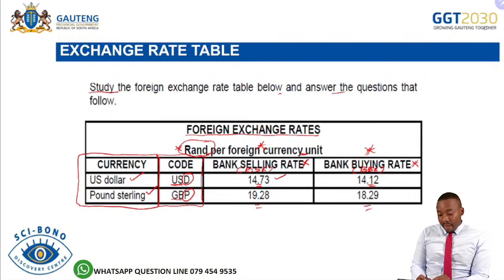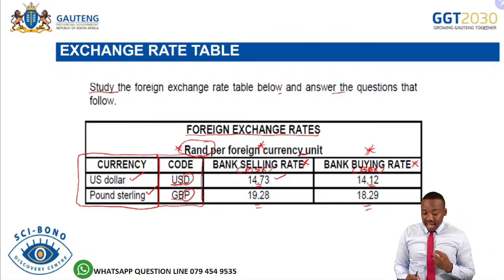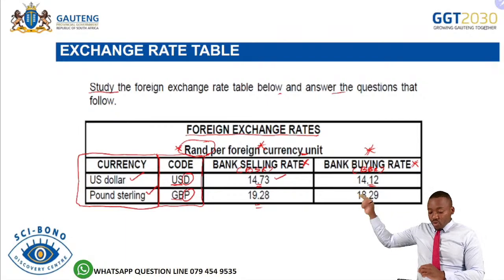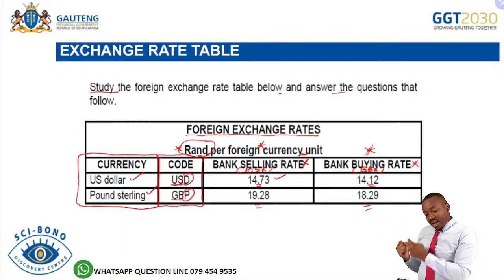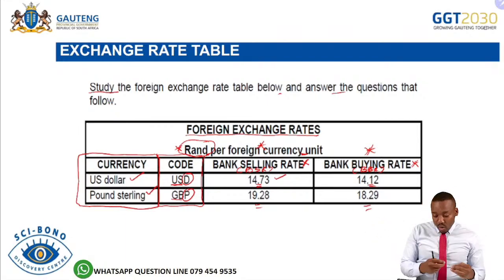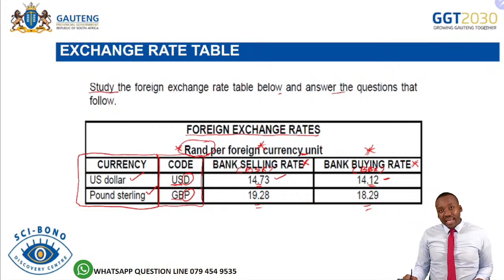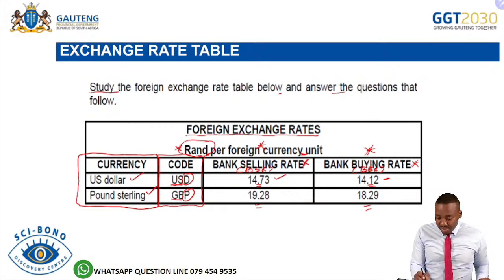This is now, remember, when you want what? Foreign currency. Then the bank will charge you using what? Bank selling rate. So they are selling each dollar with how much? With 14 Rand 73. Then when you come back from US with their dollars, now you want our local currency, then they will be buying the dollars from you using what? Bank buying rate. Same thing.